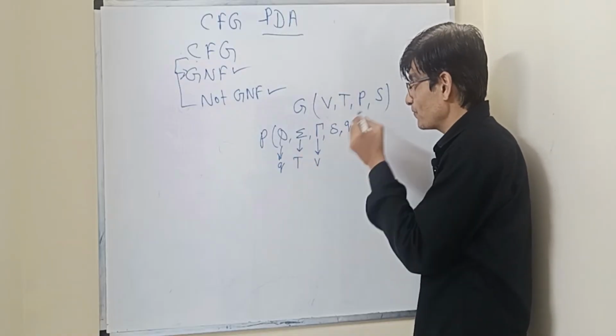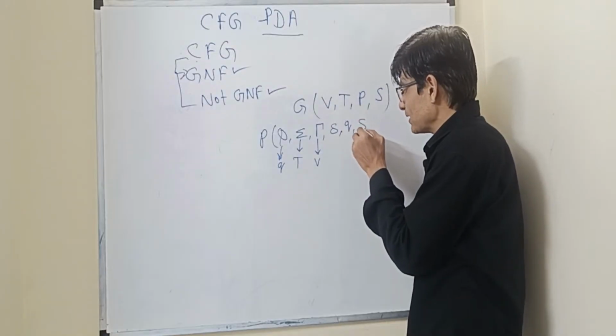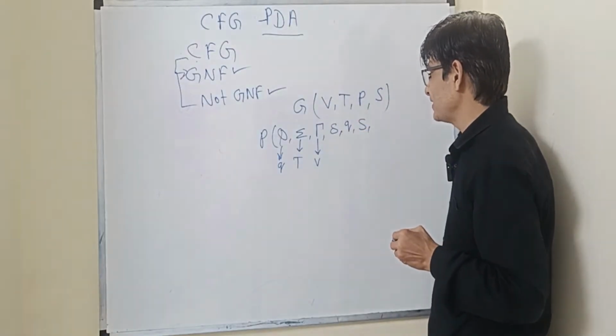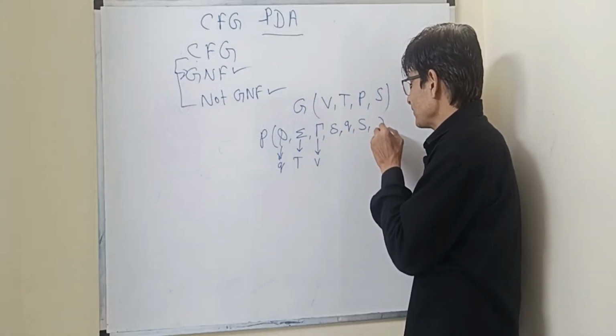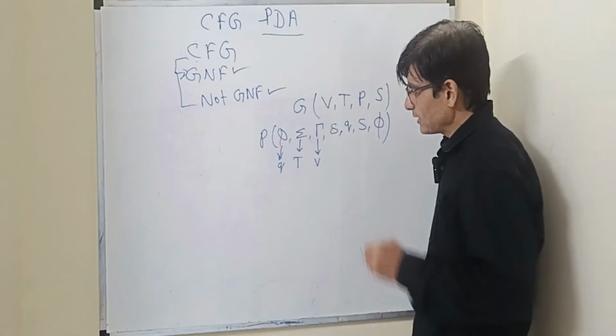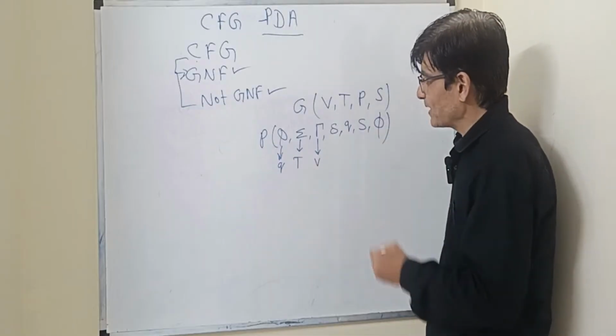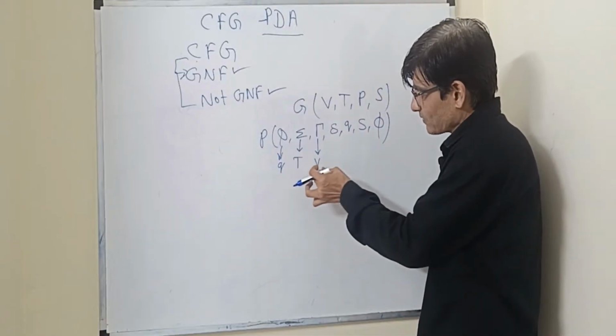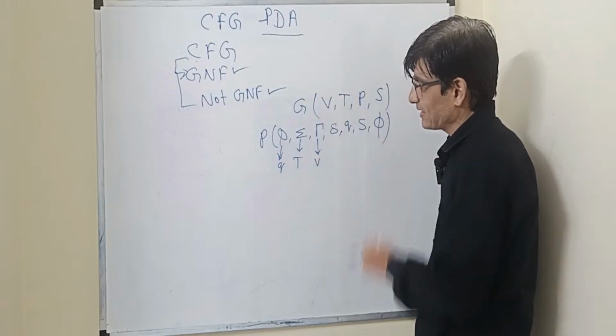Then in place of z0, again the start symbol of the grammar will be there, and the set of final states would again be phi. So now I will take one example where this particular combination is there.